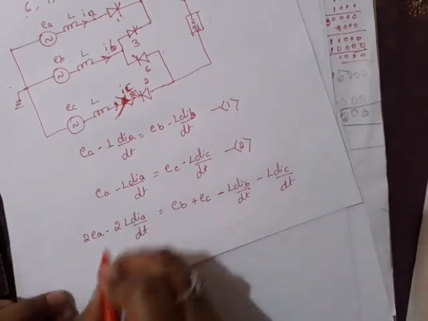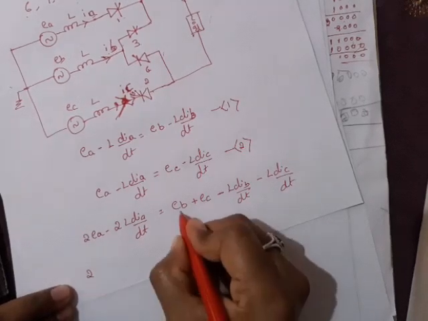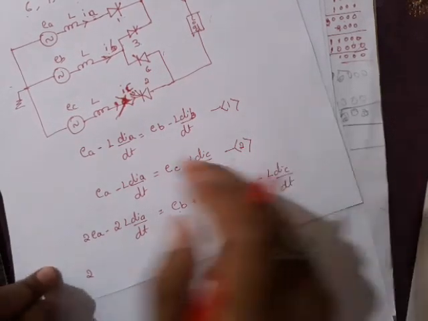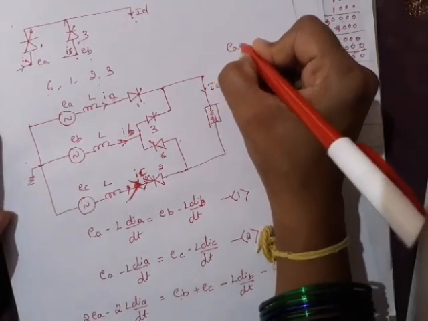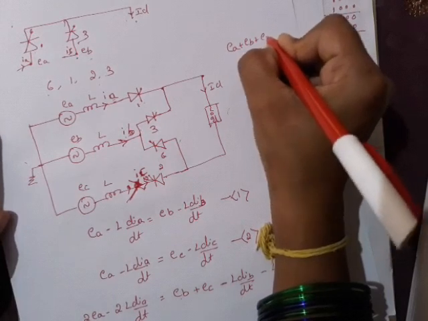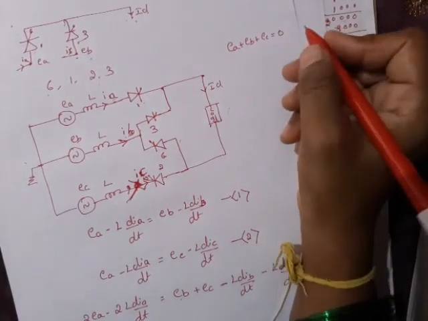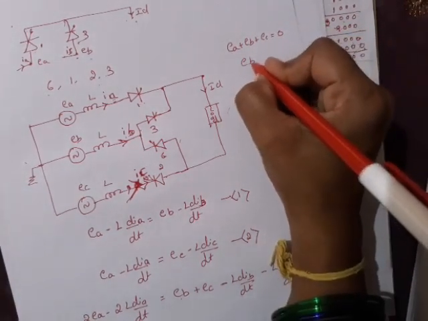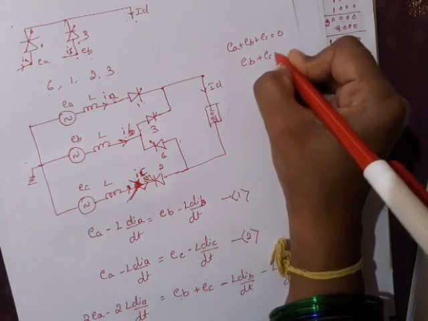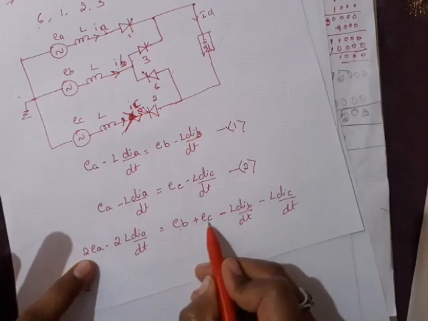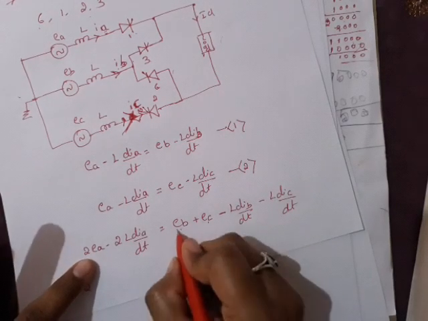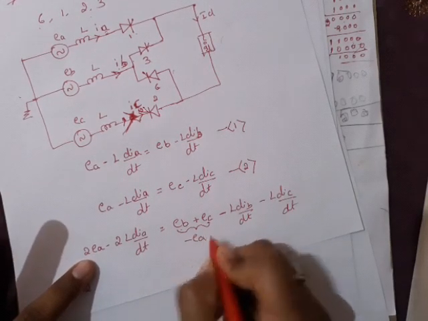Right? Now what I'll do, here we have EB plus EC. So this is a balanced three-phase supply. For a balanced three-phase supply, we know EA plus EB plus EC is equal to 0. This is called a balanced three-phase supply. Now what can we write: EB plus EC is equal to minus EA. See here, EB plus EC I'll replace with minus EA.